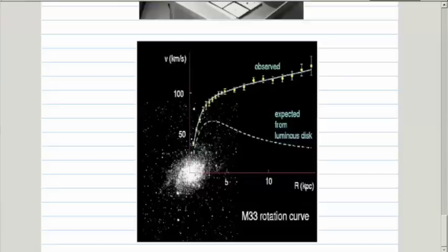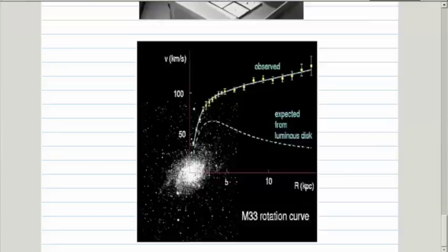So you would expect that, say, at 7 or so, most of the mass in the galaxy is exhausted. It's contained within that distance of, say, 7. So you would expect that beyond 7 or so, you would start seeing a Keplerian rotation curve, where the orbital speed actually decreases with distance from the galactic center as a square root of distance.